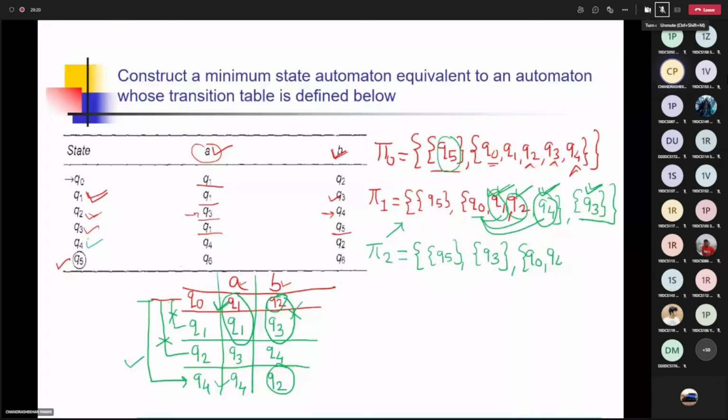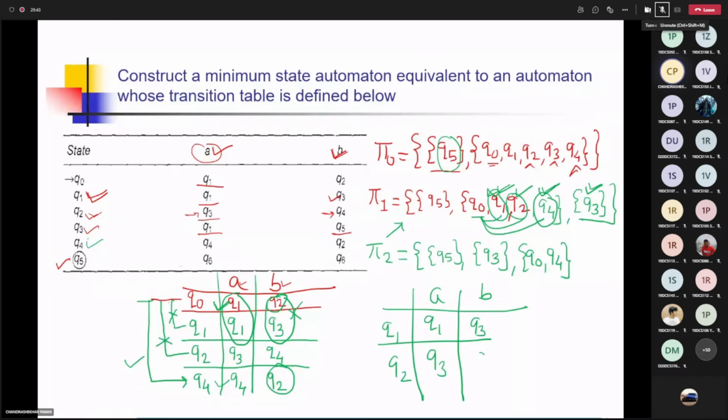Now from this fourth state, 1 and 2 are remaining. So we have to check whether 1 and 2 are equivalent with each other or not. A and B. What are the conditions?